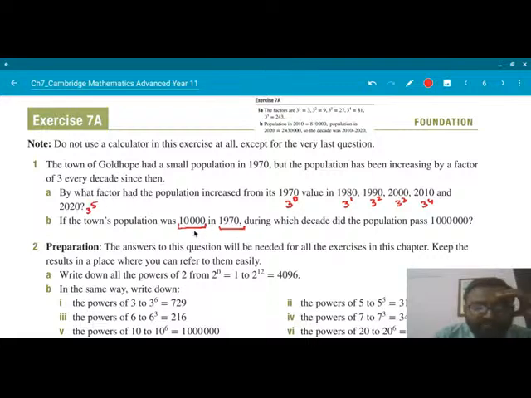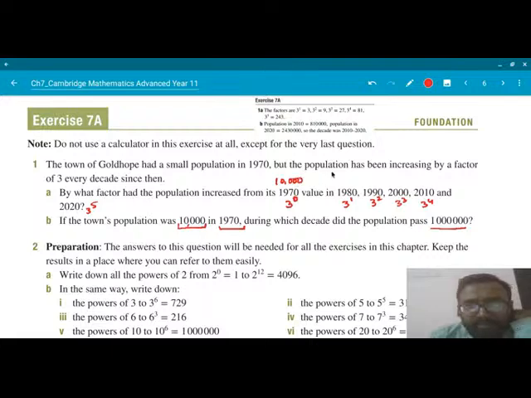In 1970 the population is 10,000. During which decade did the population pass 1 million? I should understand the question. So here it is 10,000.